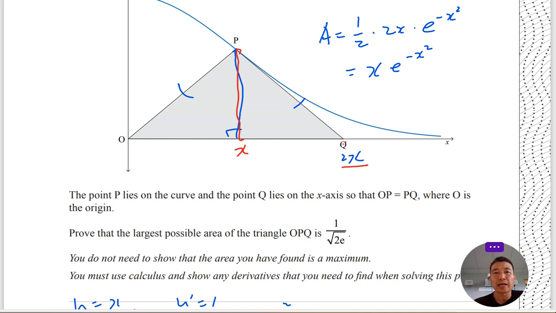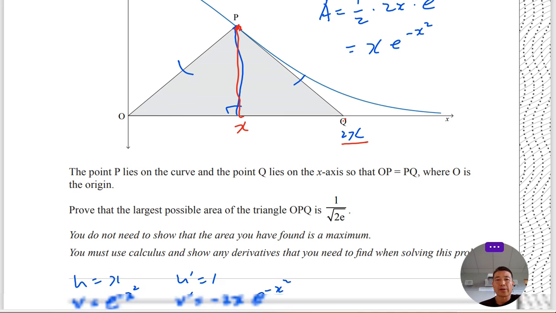So to find the area of this triangle, A is base times height times half, right? So half times base is 2x, and height is the y value when x is x, so e to the power of negative x squared. So we simplify, we get x e to the power of negative x squared, right?